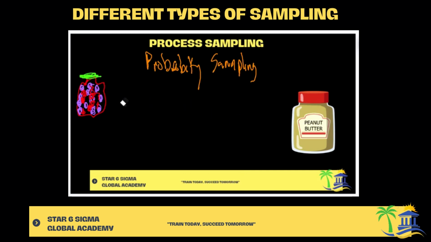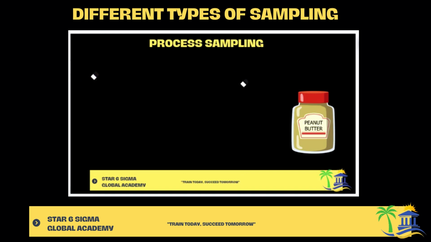There are different types of probability sampling, and I want to go into that with you guys. We have something called simple random sampling.